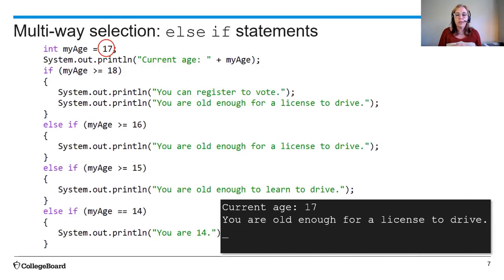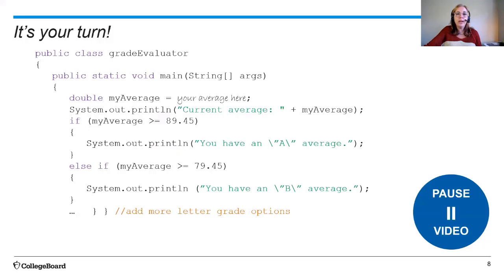So what I want y'all to do next is pause the video and create a program of your own that will evaluate grades. This is kind of like the hello world of else if statements. So remember way back in Unit 1 where you learned hello world with Mr. Schultz. This is a typical else if scenario, evaluating a grade.